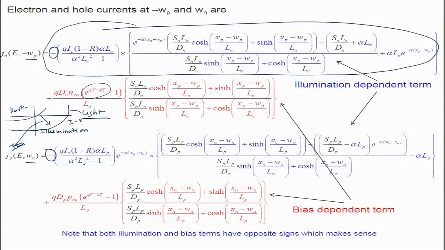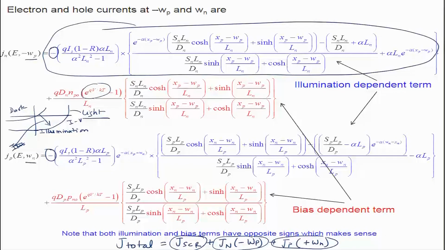Now, what we have done is, we said earlier that J total was equal to J SCR plus Jn at minus Wp plus Jp at plus Wn. Okay. Because these two currents can be calculated from the diffusion equations quite easily, and this SCR current has to be calculated separately.